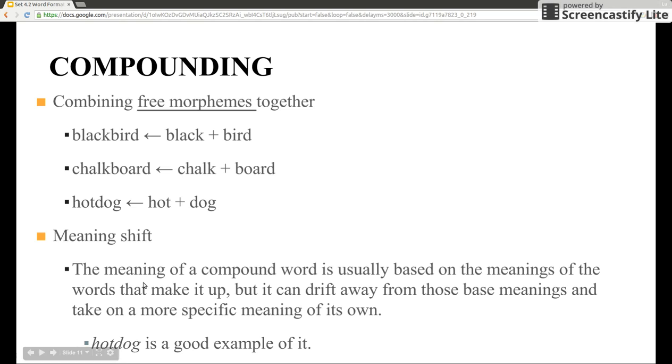And the meaning of a compound word is usually based on the meanings of the words that make it up. But it can drift away from the base meaning and take a more specific meaning of its own. For example, hot dog is a good example, right? Because hot dog has nothing to do with a real dog.